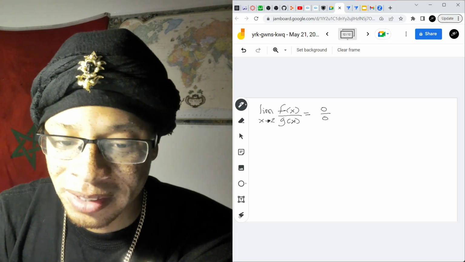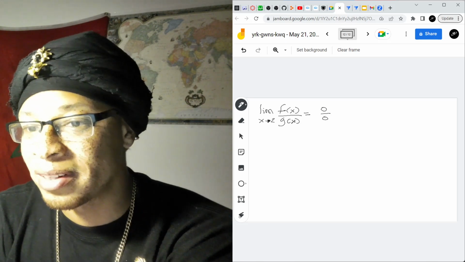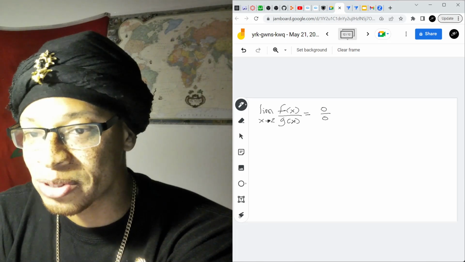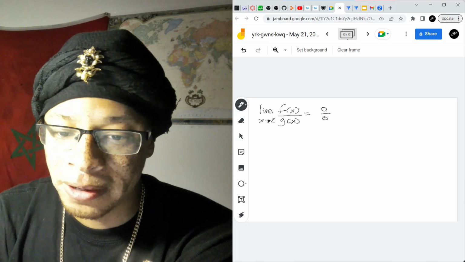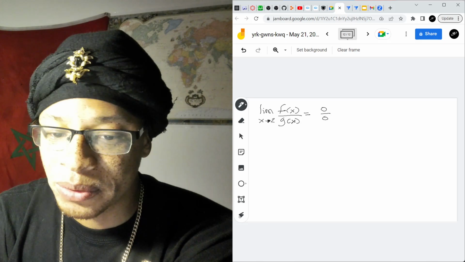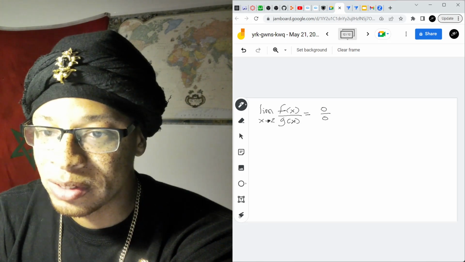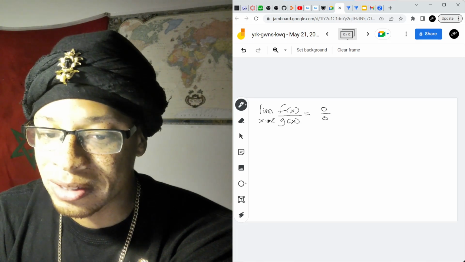So that being said, this is what we have here. We have the limit of f of x divided by g of x as x approaches 2. And what we're going to do is include the 2 in these right here.